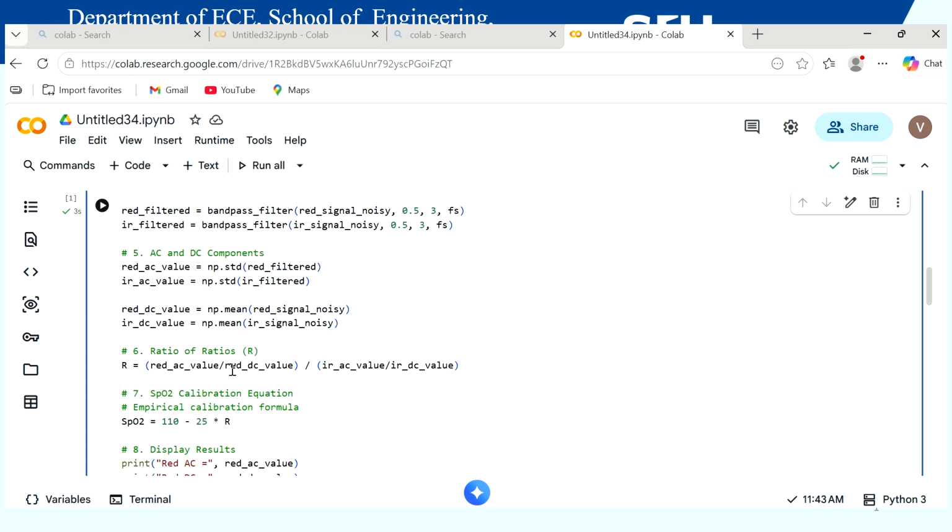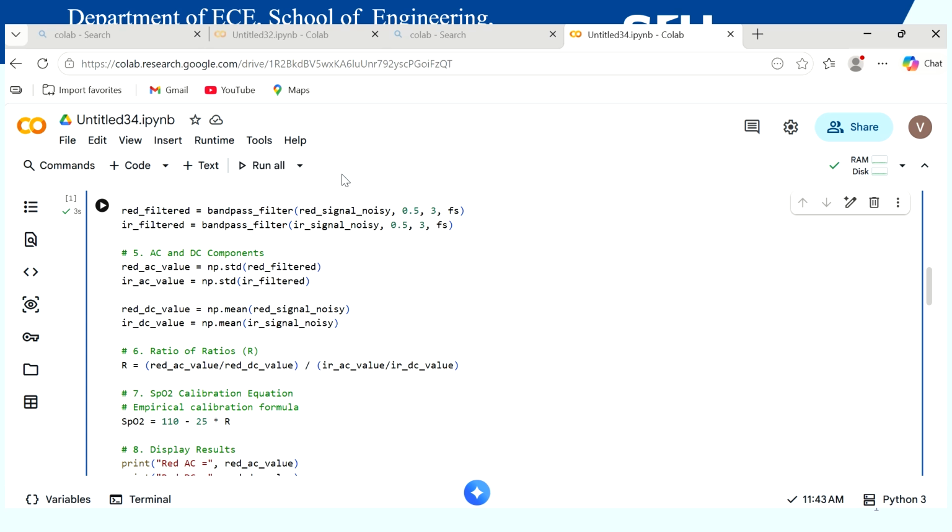And then the ratios. R is equal to red_AC_value divided by red_DC_value, the whole divided by IR AC value divided by IR DC value.